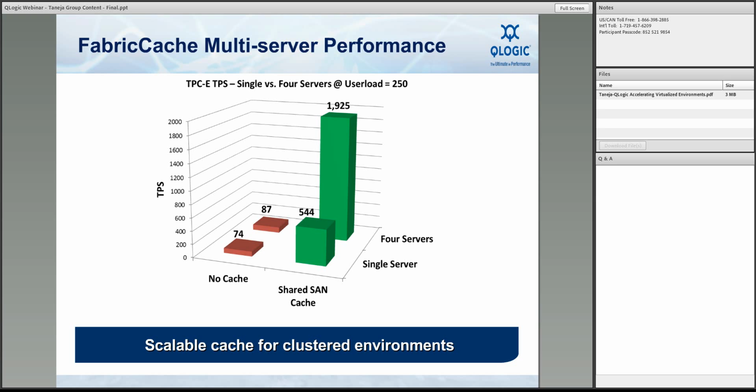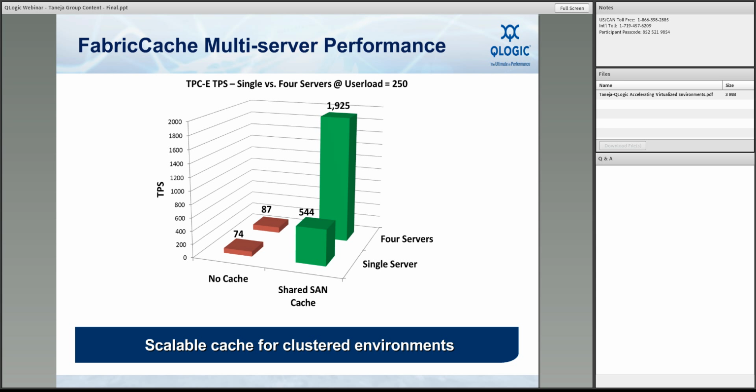Just to take a quick look at the performance, we didn't want to just try and max out the number of IOPS that most people tout, because those can be artificially managed and tweaked. We wanted to run this under more of a real workload environment, and we ran it under a TPC-E transactions per second benchmark. We did a comparison here in a multi-server environment, such as a clustered virtualized environment.